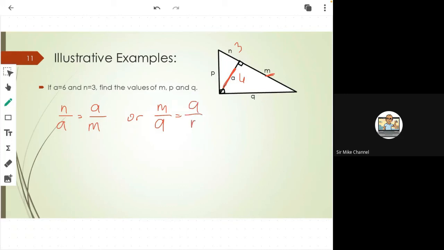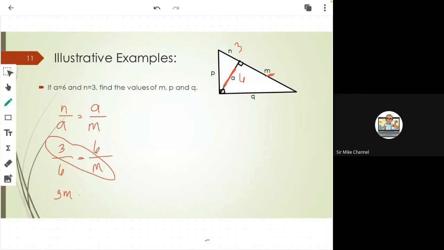And then, substitute natin yung value ng N. So, ito ay 3 over A natin is 6. And then yung A ulit natin, meron tayong 6. And then, ang M natin is unknown. So, ito yung hinahanap natin. Okay, cross multiply natin. So, 3 times M, magkakaroon tayo ng 3M.